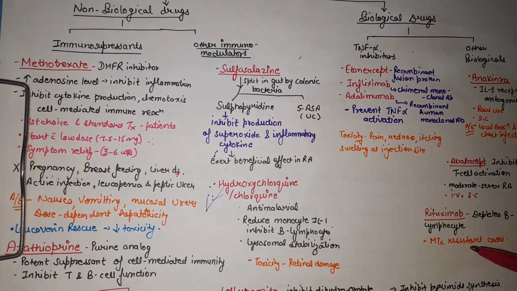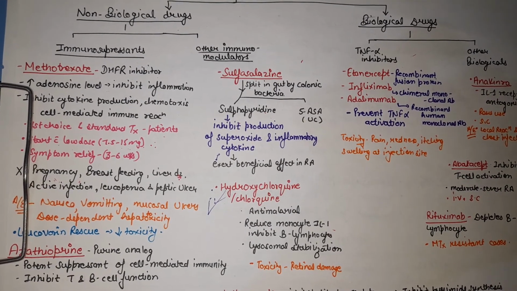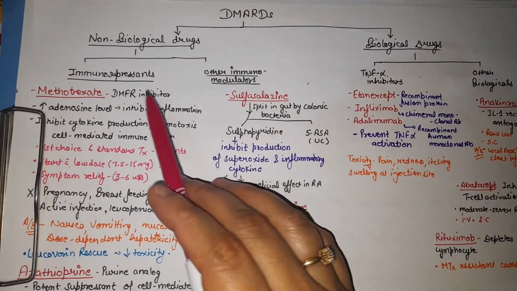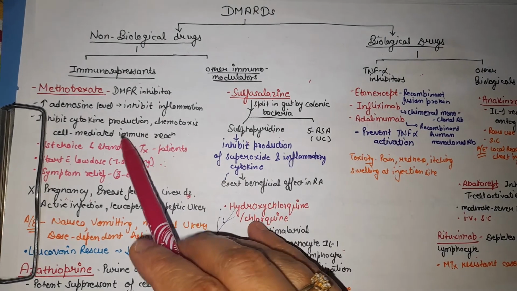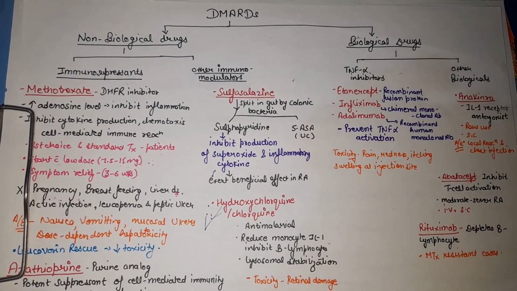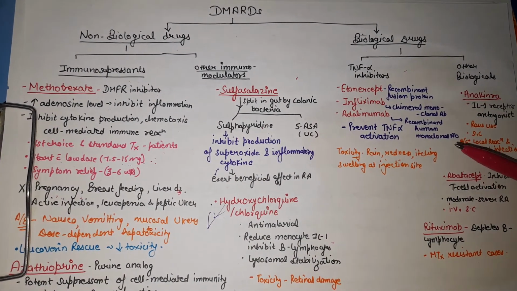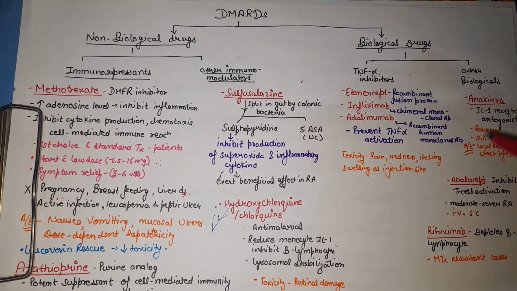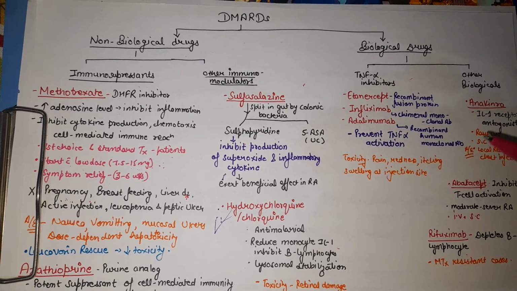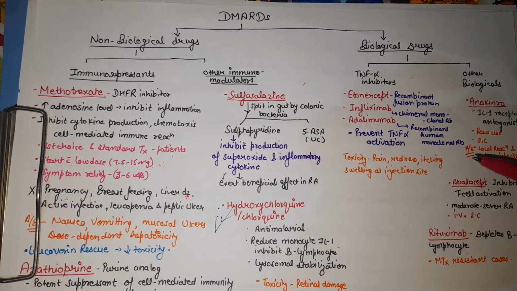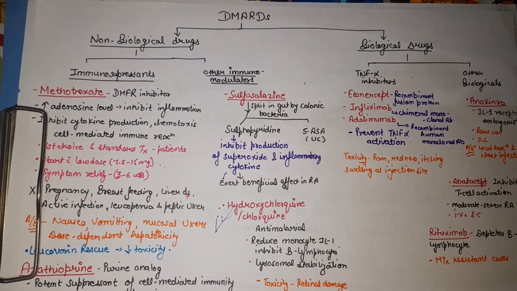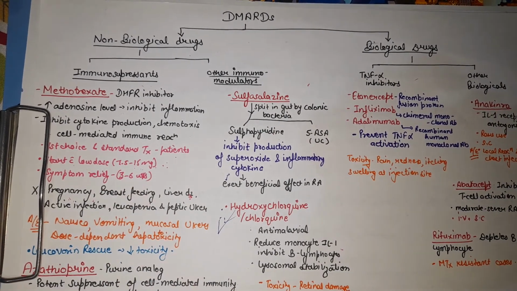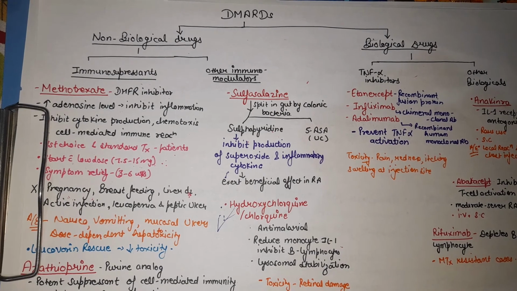So mainly the drugs used for the treatment of rheumatoid arthritis are NSAIDs, glucocorticoids, and non-biological agents like immunosuppressants. The biological agents are used only for reserved cases and when there is moderate to severe rheumatoid arthritis. So this is about the treatment of rheumatoid arthritis.